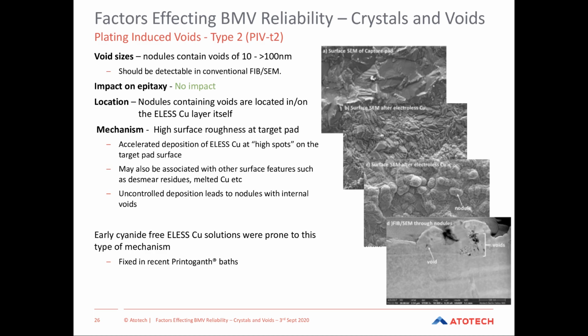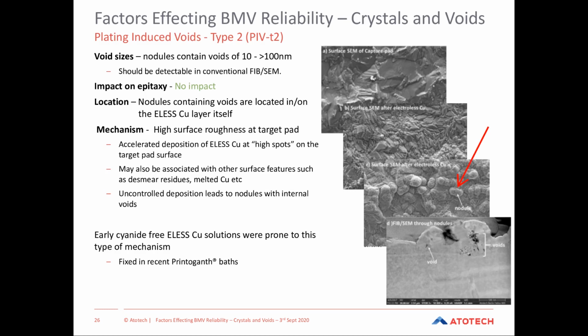In the way that you can get high current density areas in electrolytic plating, what we believe is happening is the high spots on target pads essentially act as accelerators for electroless deposition. And because they're accelerating the deposition mechanism, they do so in an uncontrolled manner. So we're getting uncontrolled deposition of electroless copper, which leads to nodules, which is what you can see in this image.